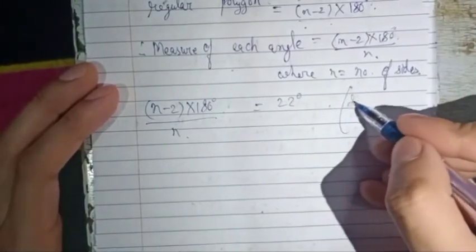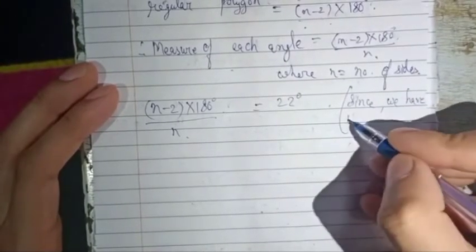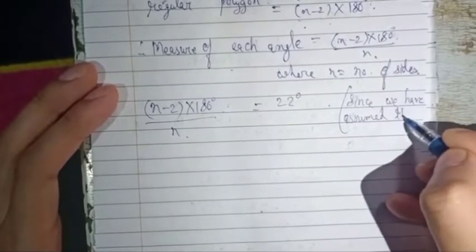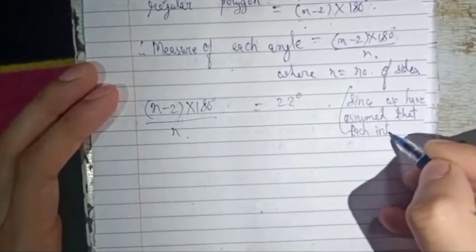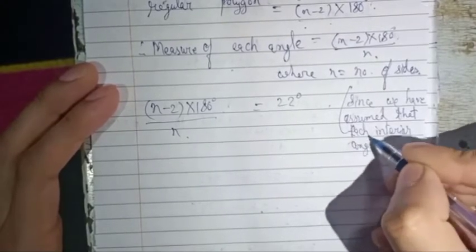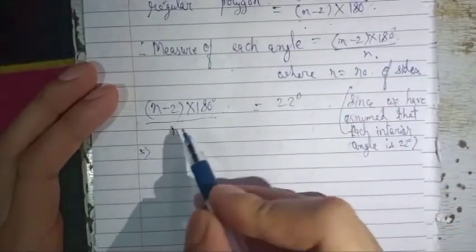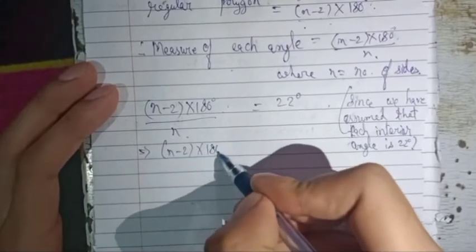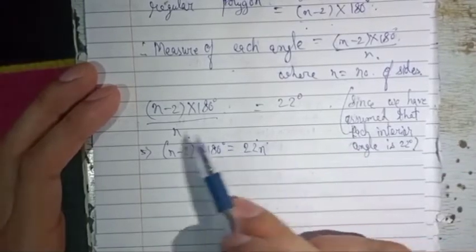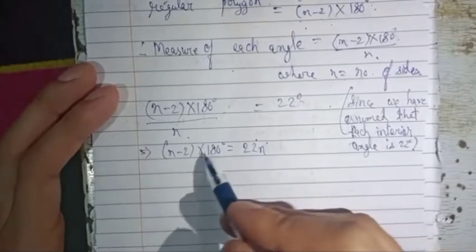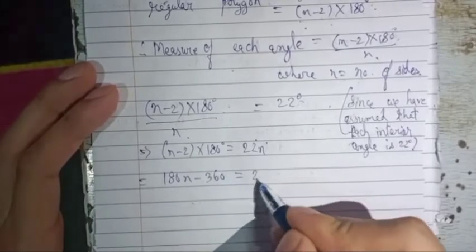Now we will solve the equation: n minus 2 multiplied by 180 degree will be equal to 22n. Cross multiplying n to the right hand side, 180 multiplied inside the bracket gives 180n minus 360, equal to 22n.